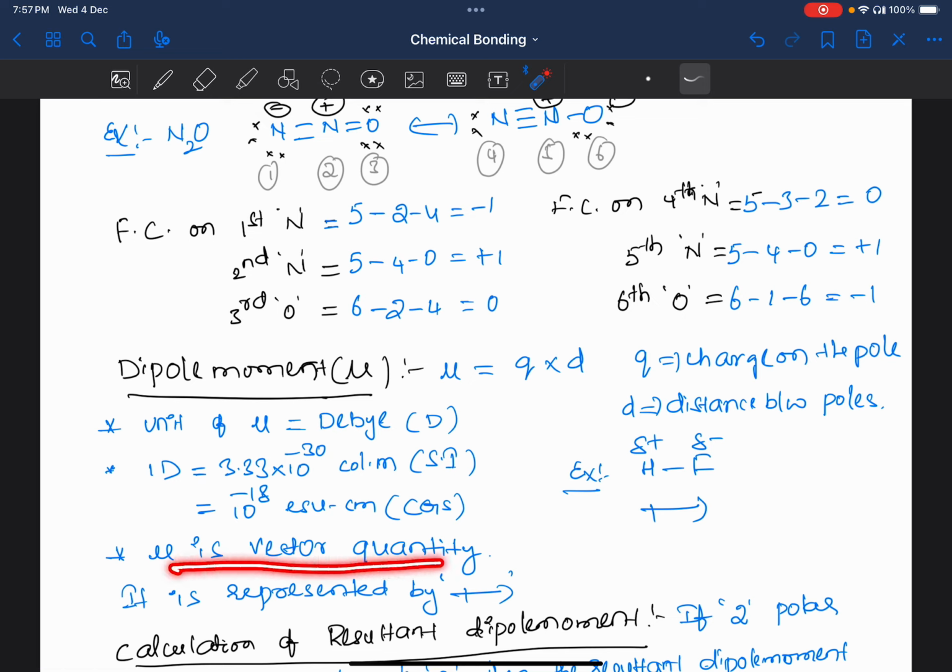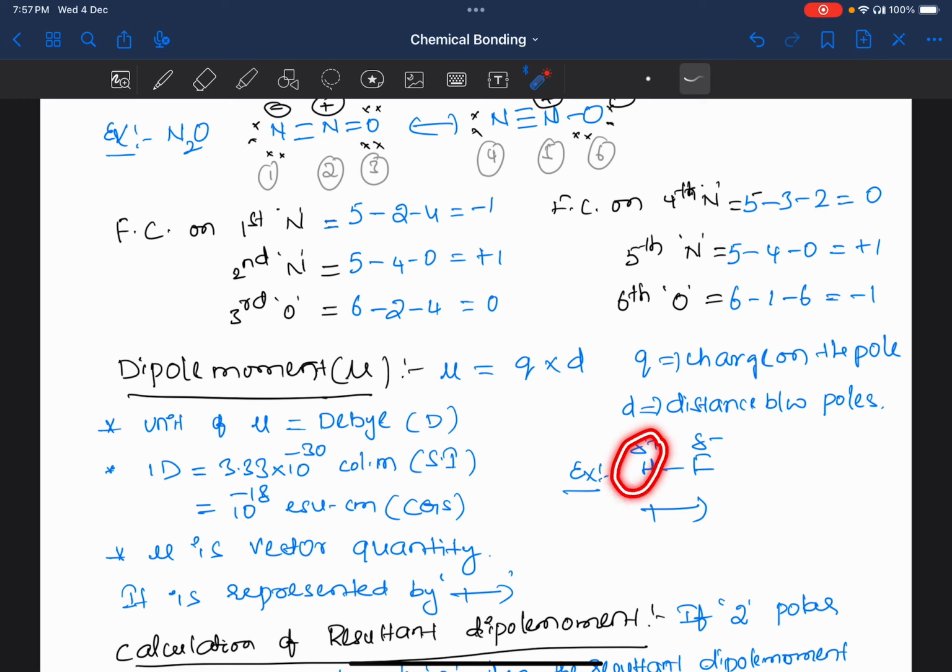And this mu is a vector quantity. Therefore it is always represented with a cross-headed arrow mark. The arrow is indicated from the low electronegative atom to the high electronegative atom. See this example, hydrogen fluoride.